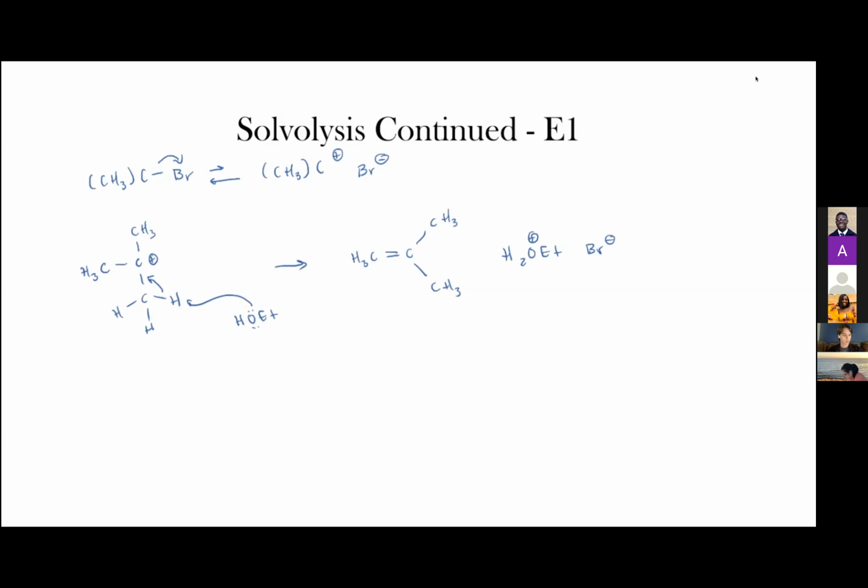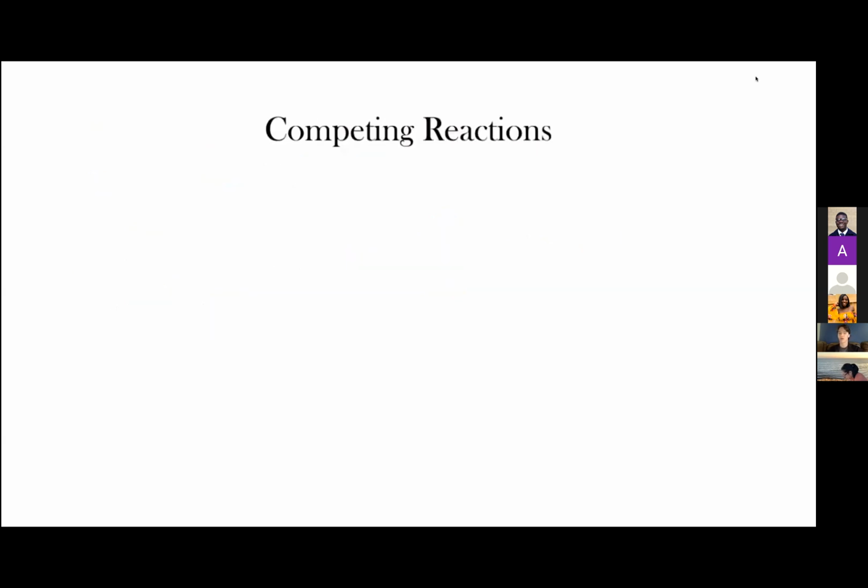So today we're focusing on SN1 and E1 reactions, but many of the concepts are similar for SN2 and E2 reactions. When you have, say, tert-butyl bromide in this polar protic solvent, both reactions can compete with each other in this solution.